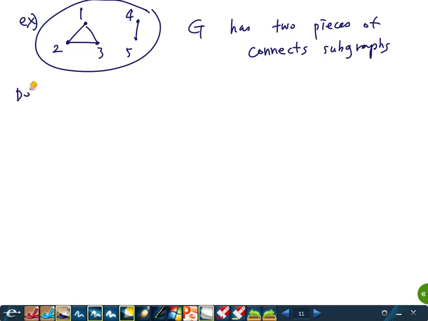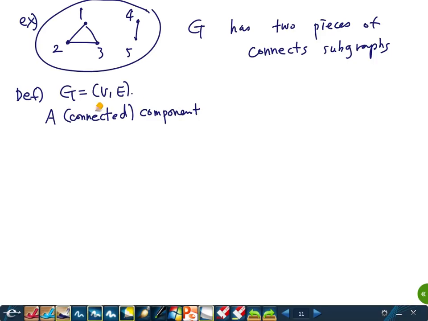So the definition is like this. G is a graph. It's called a connected component, or simply a component. In the textbook, I think it's written just a component. Sometimes we omit "connected." Component means this connected component.